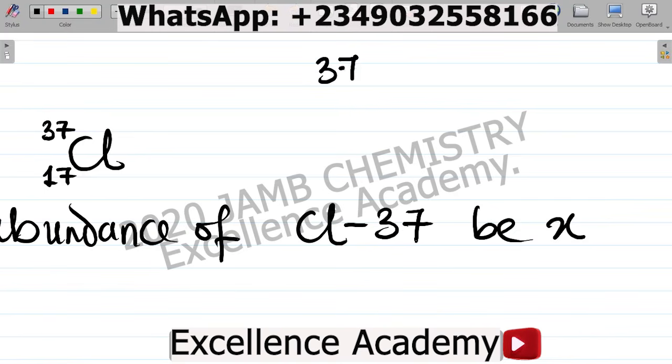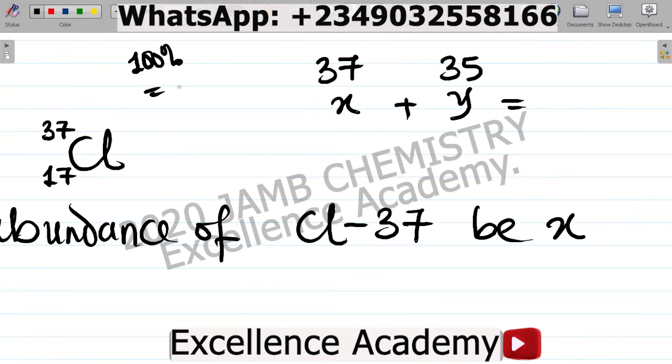Now you want to take note that if I take the relative abundance of chlorine 37 as x, and I take that of chlorine 35 as y, if you sum all the relative abundances, it should be equal to 100%. We know that 100% is equal to 100 over 100, and that gives you 1. So we're working with percentages, so take this as 1.